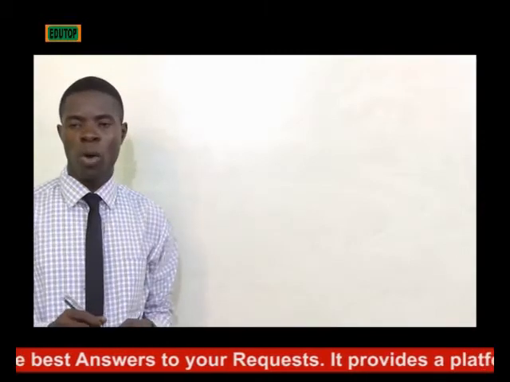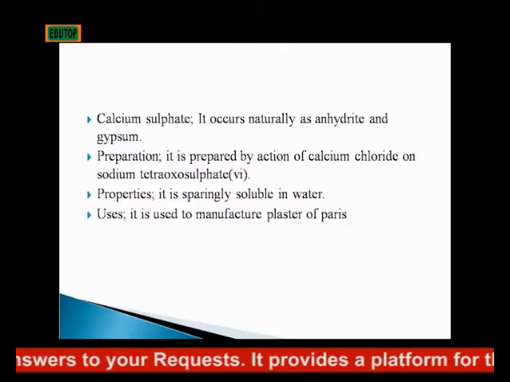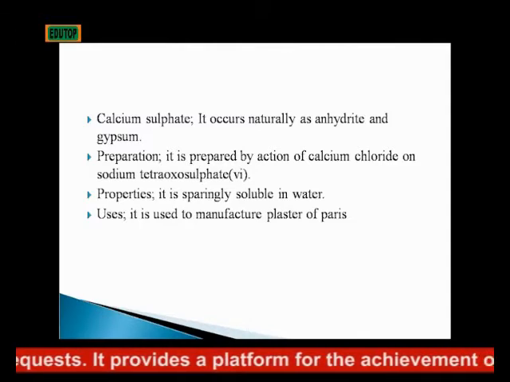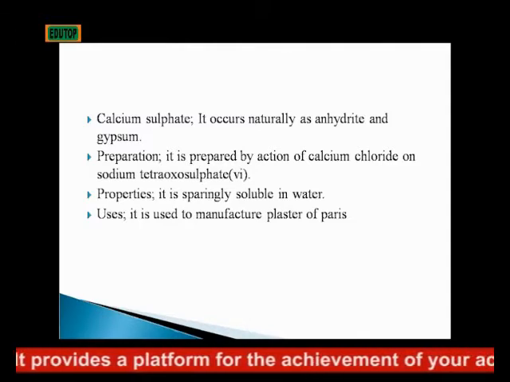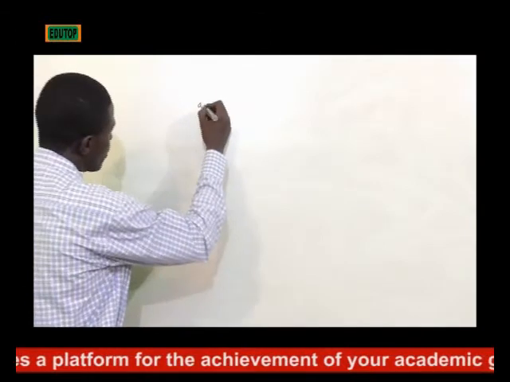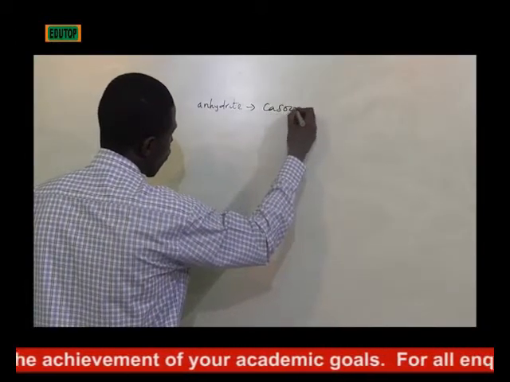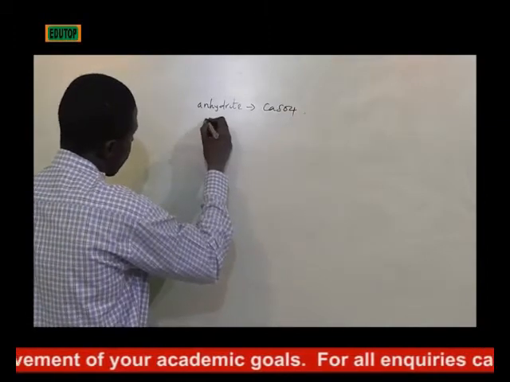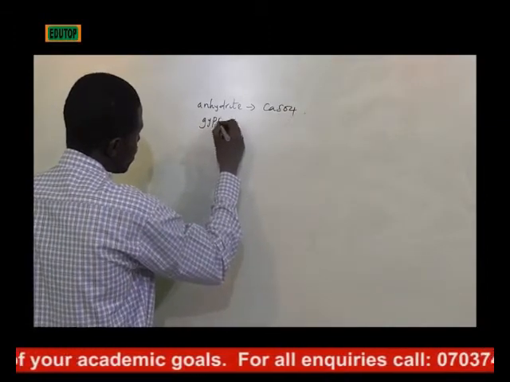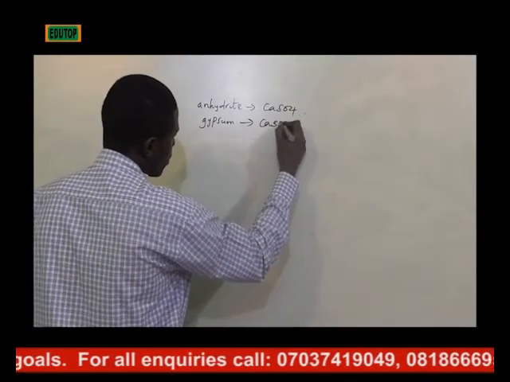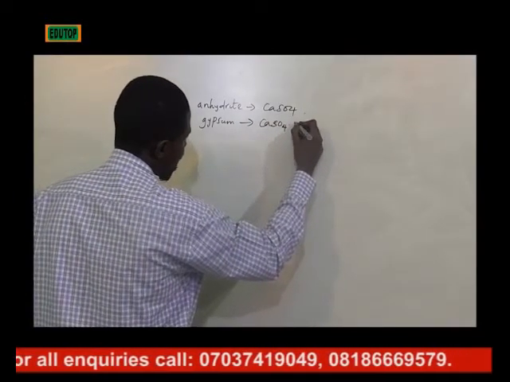Calcium sulfate is another compound of calcium. It occurs naturally as anhydrite and gypsum. Anhydrite is CaSO4, that's calcium sulfate, while gypsum is calcium sulfate dihydrate.